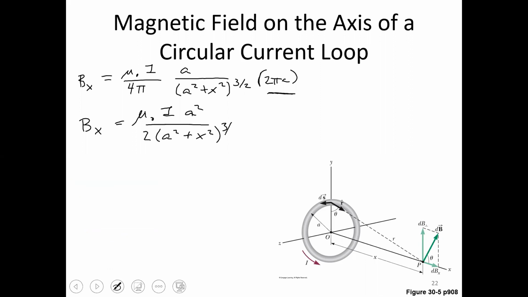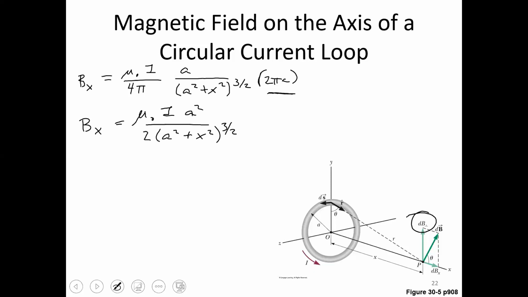So that's kind of interesting. And that is the overall magnetic field. So as long as we're on the axis of the current loop, these perpendicular parts of the field cancel out. So the subscript x is just letting us know that it is going in that axial direction.